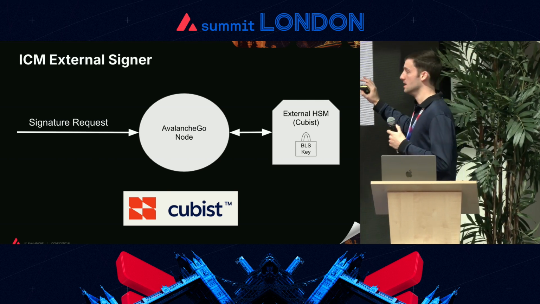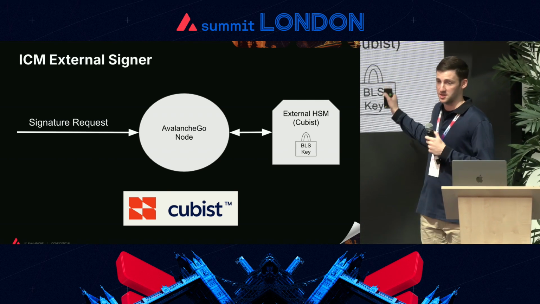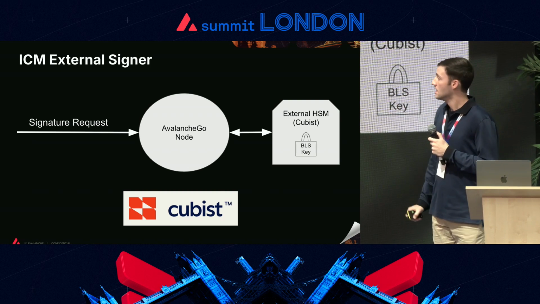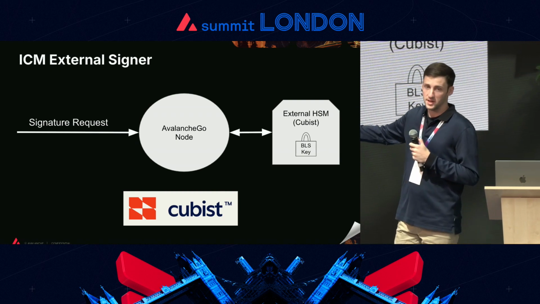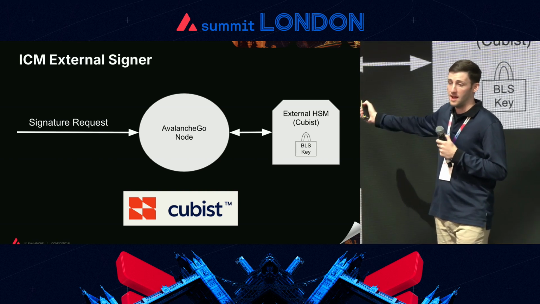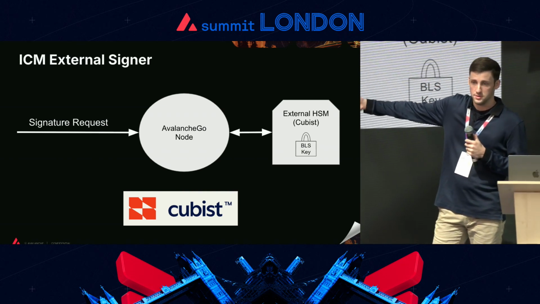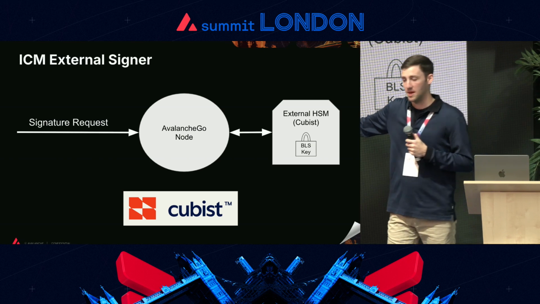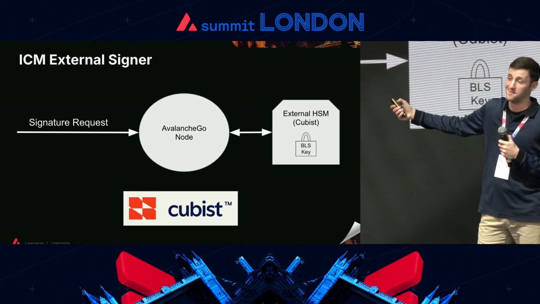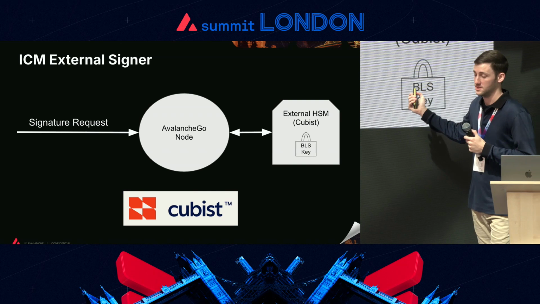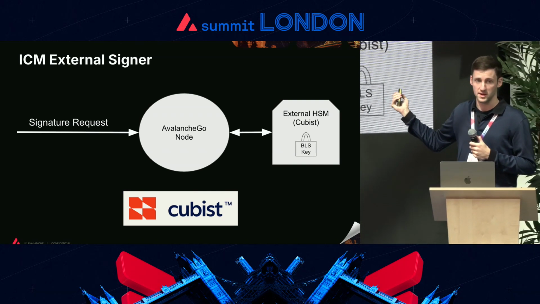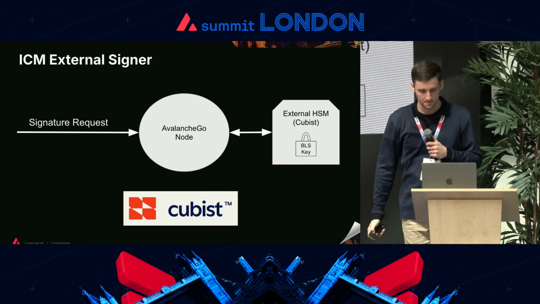And the key is generated in that HSM and actually never leaves the HSM itself. When there is a signature request, say from the relayer to the Avalanche Go node, the Avalanche Go node checks if it is willing to sign that message, and if so, since it doesn't have the key itself, it requests a signature from this hardware security module that can generate the signature and return it.